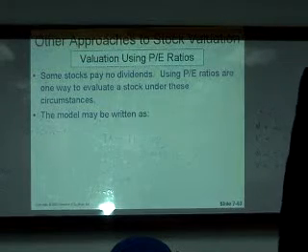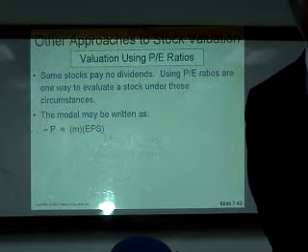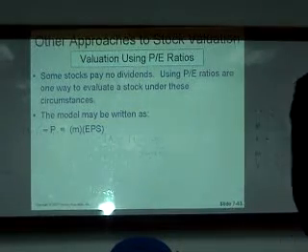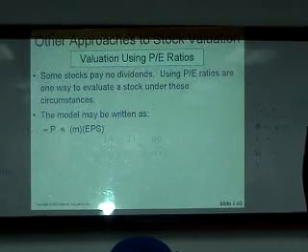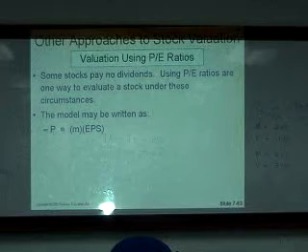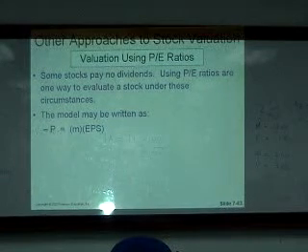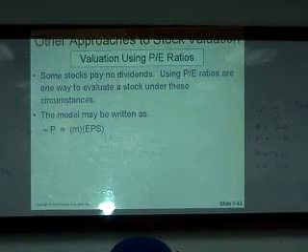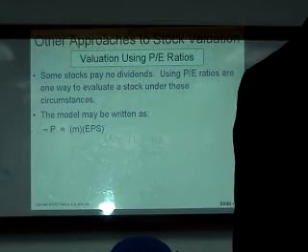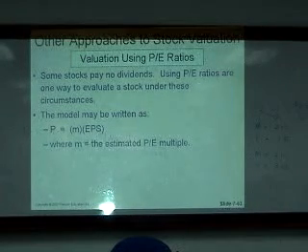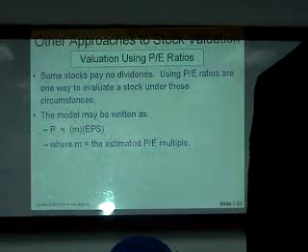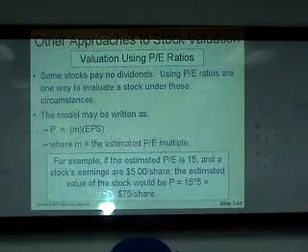So the model may be written as P equal to M multiplied by earning per share. What is M? What is EPS? Where M is the estimated PE multiple, and EPS is earning per share.